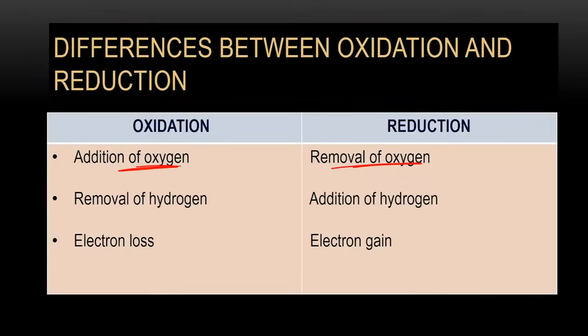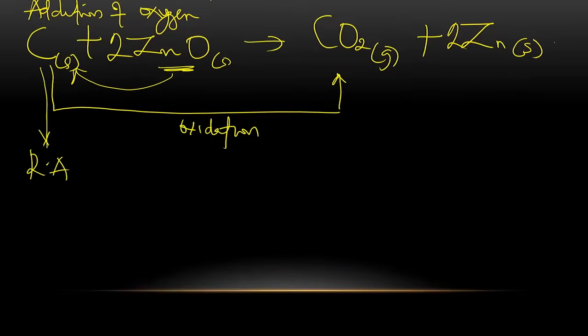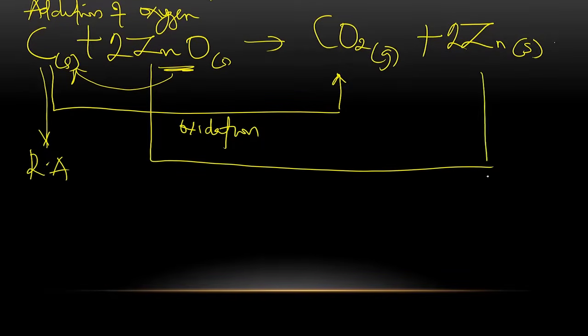Now, reduction can be defined as removal of oxygen. Zinc(II) oxide had oxygen, and the oxygen was removed from it. So zinc(II) oxide has now been reduced to zinc because oxygen has been removed. Here there was oxygen. I took away oxygen. Now it's just remaining zinc.